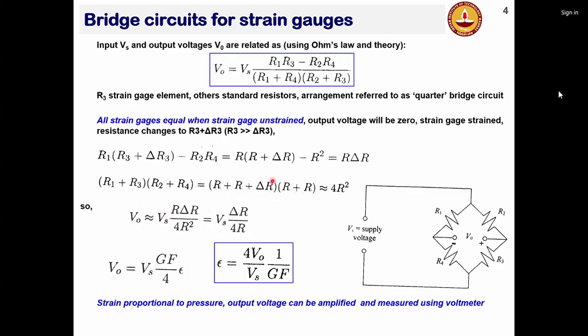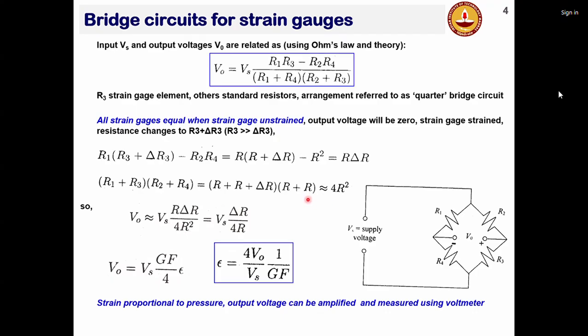Now this change in resistance is negligible compared to 2 times R, so you can neglect it. Then it becomes 2R times 2R, which is 4R square.